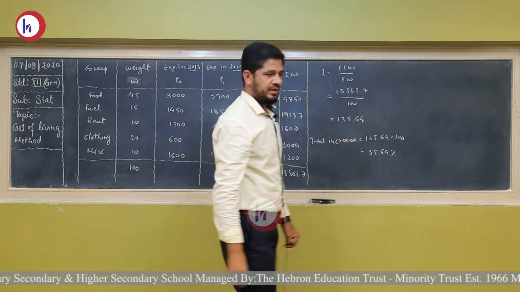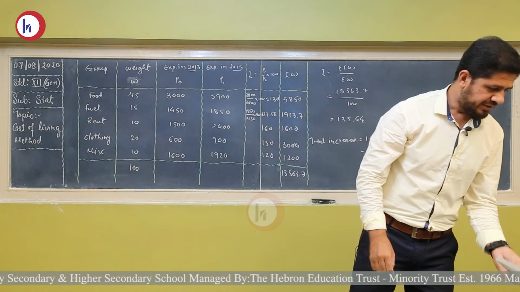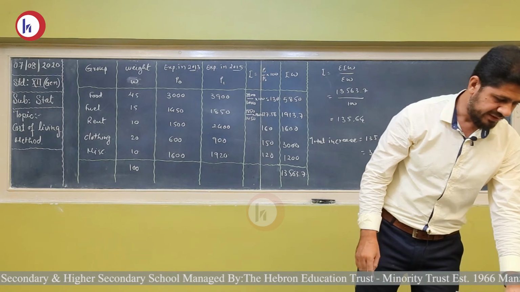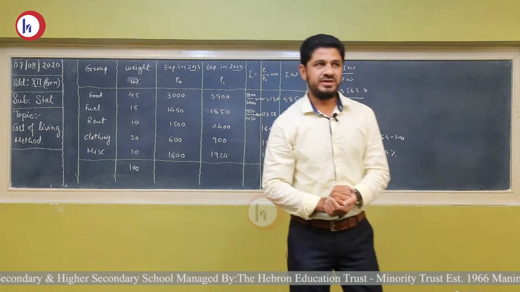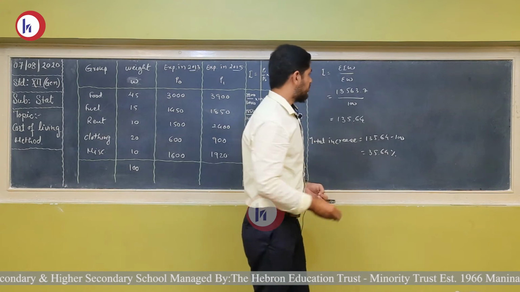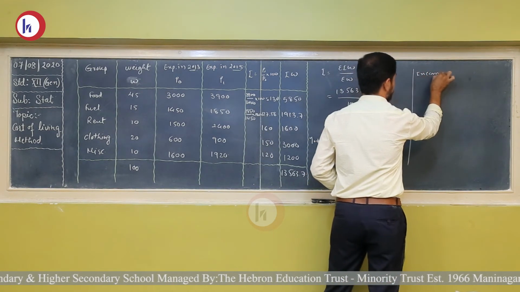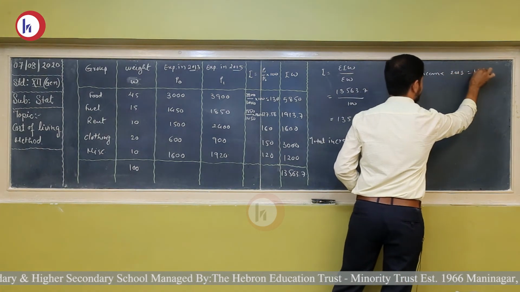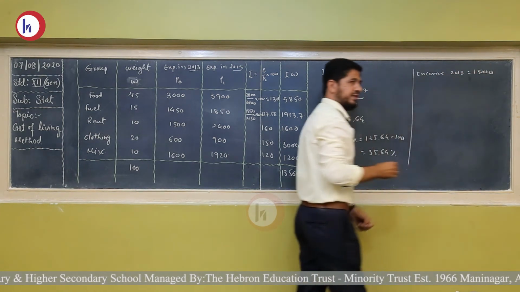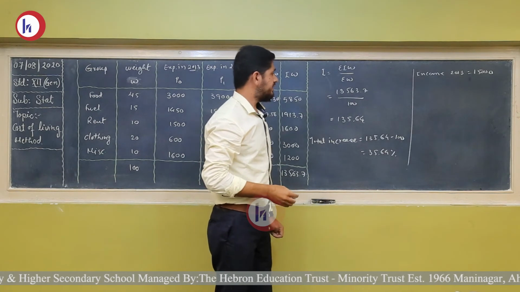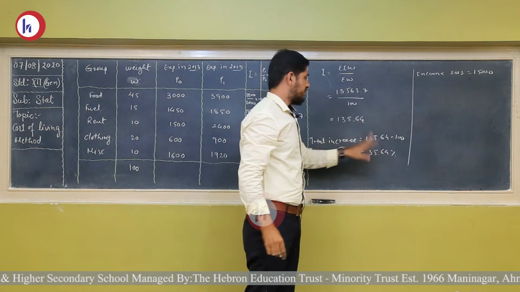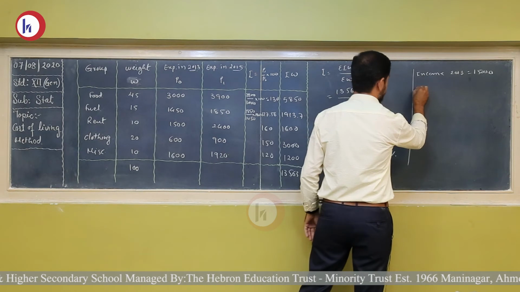35.64%. Now the income of 2013, 15,000, is given in the question. So the income in 2013 is 15,000. Now there is an increase in 15,000 of 35.64%.